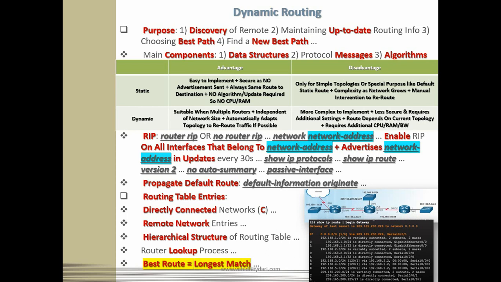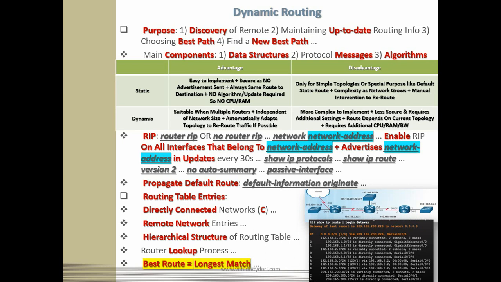And we have a default static route when we want to direct traffic from our LAN towards the internet, for instance. So remember the complexity of static routing as the network grows, and also static routing asks for manual intervention to reroute traffic, because static routing does not automatically adapt to network topology changes.